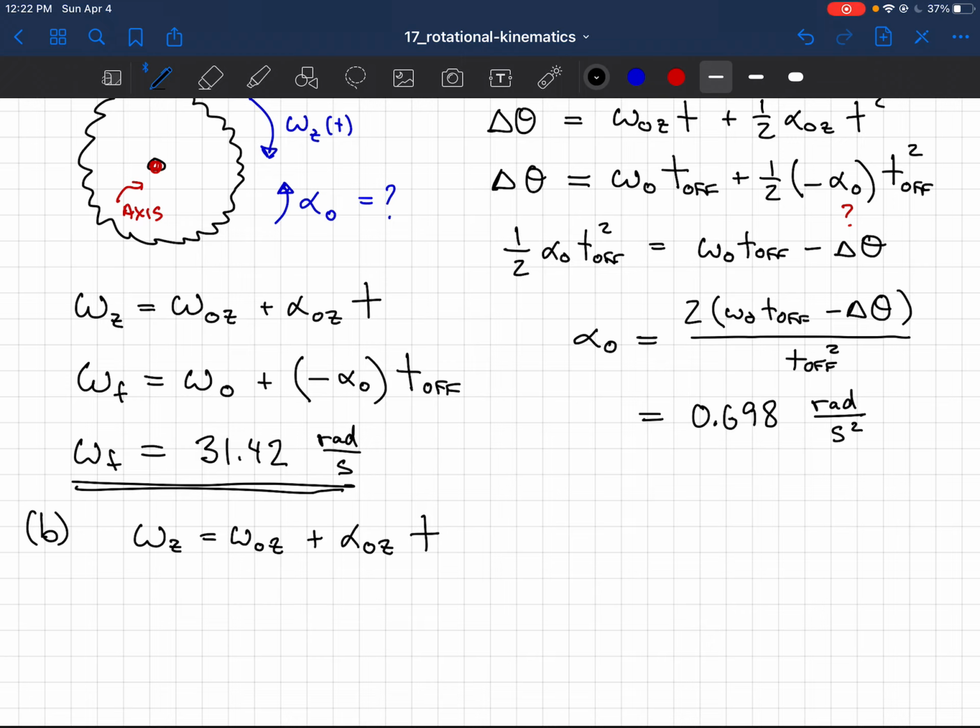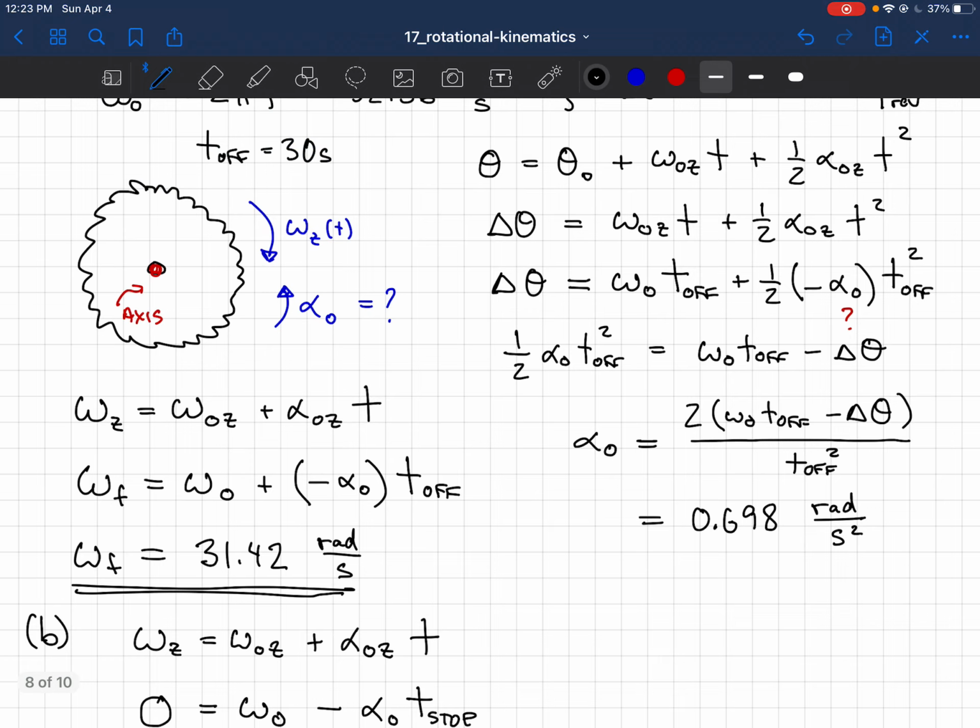Because we know what the angular acceleration is, we just don't know the amount of time. But we do know that the final we're assuming to be 0. So we have omega naught minus alpha naught t stop. That's our equation. So t stop is equal to omega naught divided by alpha naught.